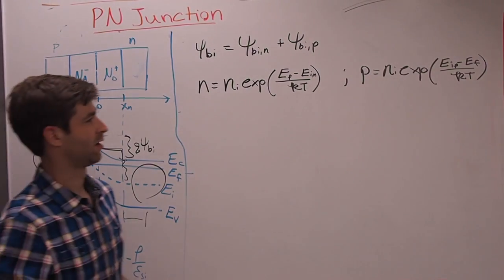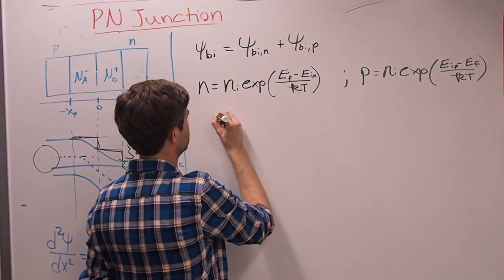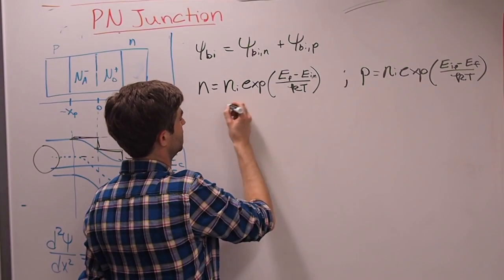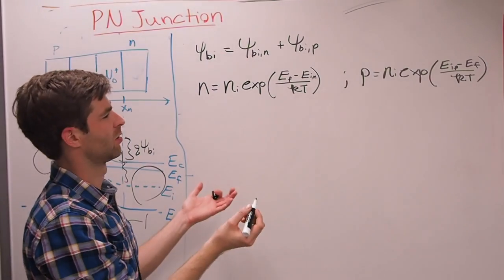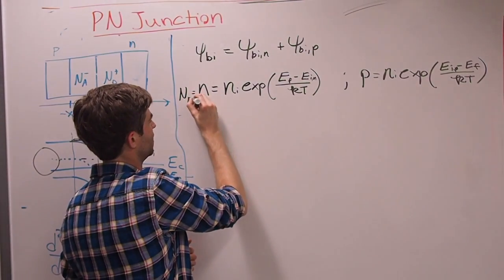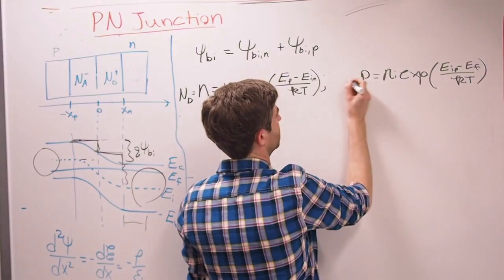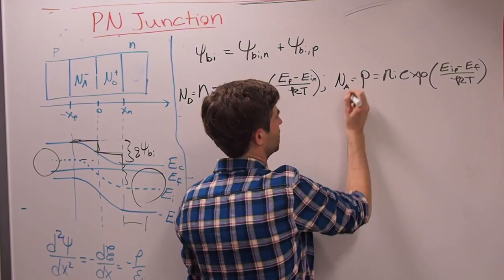So let's derive these. In the N bulk, this N is just equal to ND, right? And in the P bulk, this P is just equal to NA, right?